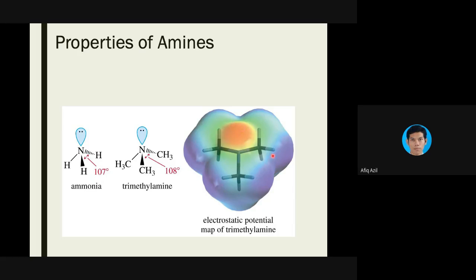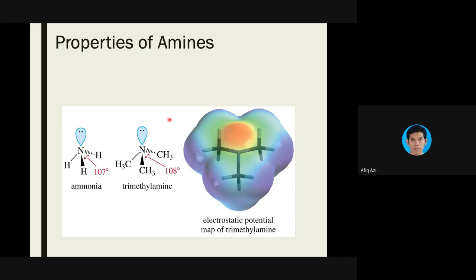Based on this, you see the color. The blue color tells you that there are fewer electrons available, while the redder it is on this side, the higher the electron charge over here.